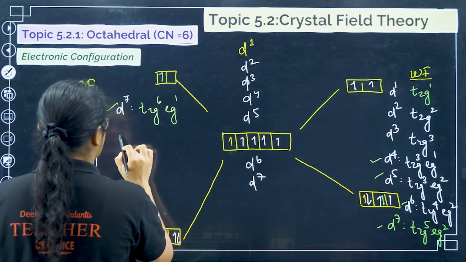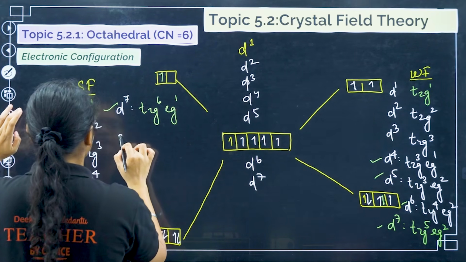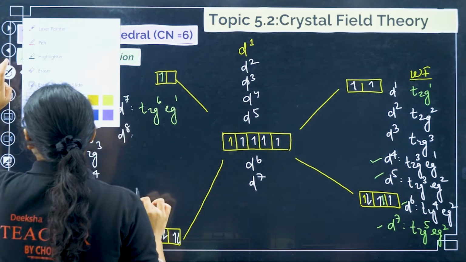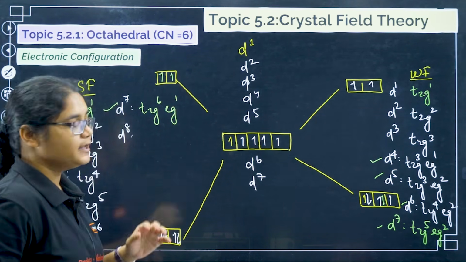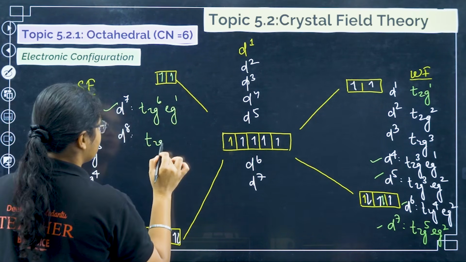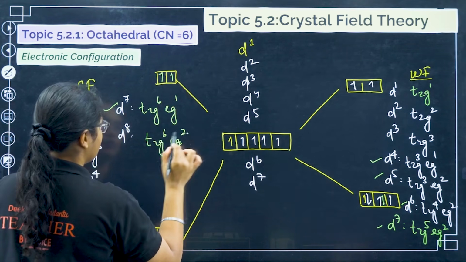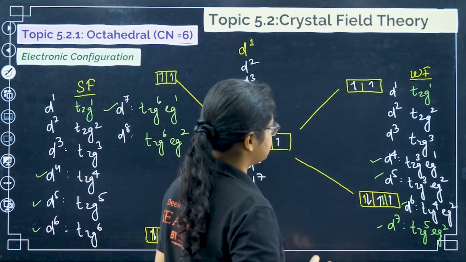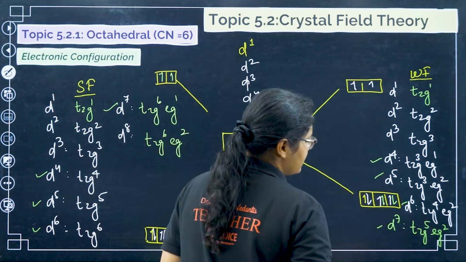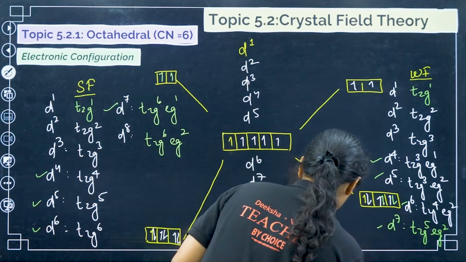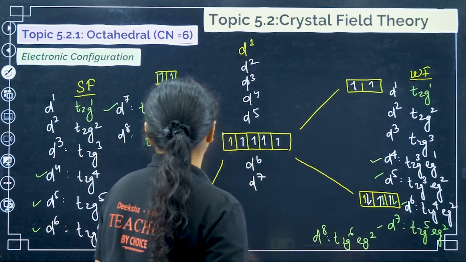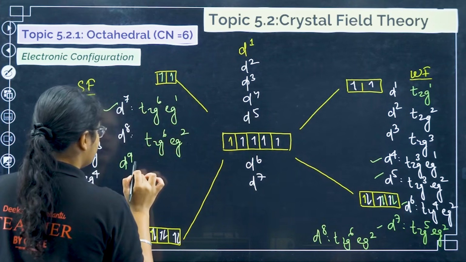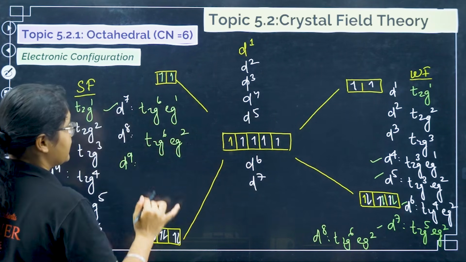Next comes d8. If I have d8, again one electron will come here, right? So its configuration will become t2g6 eg2. And here also you can see this is all occupied, so here we will have the d8 configuration as t2g6 eg2. Next d9. We have 6 electrons covered here.